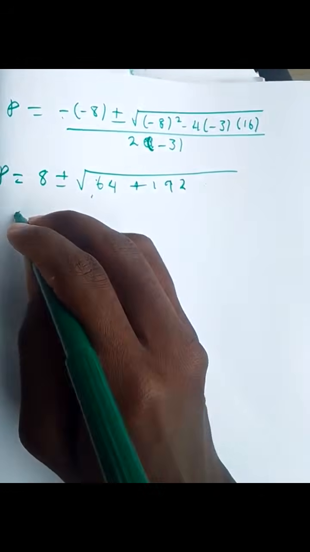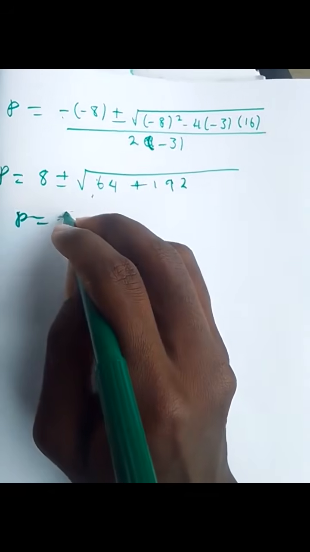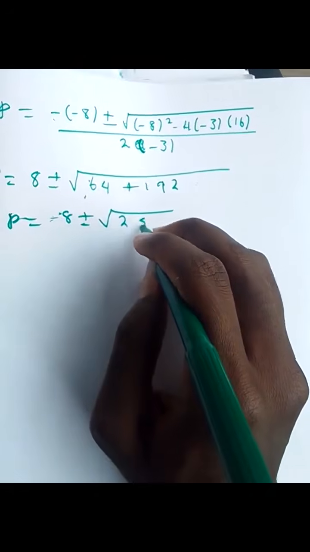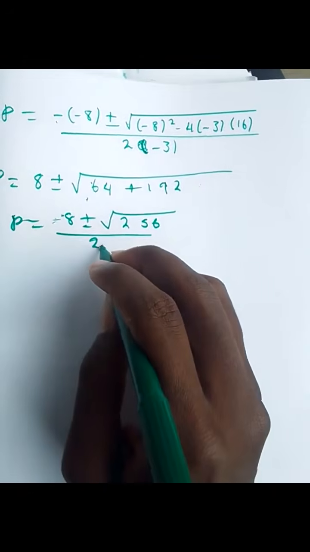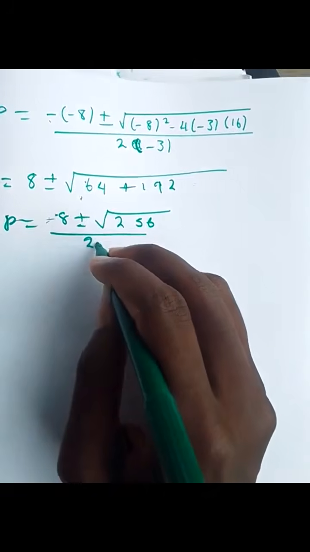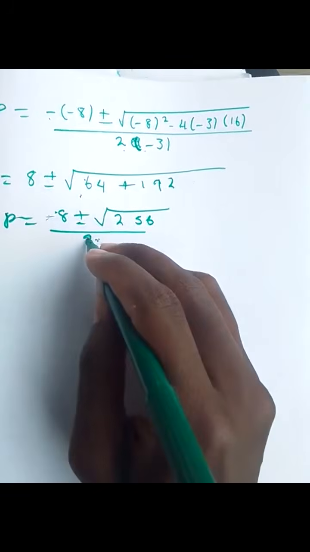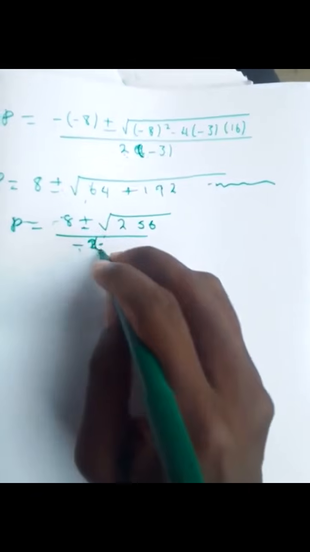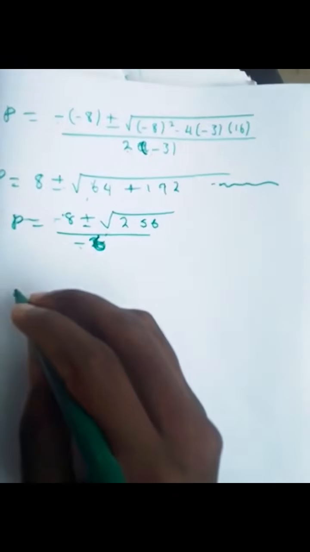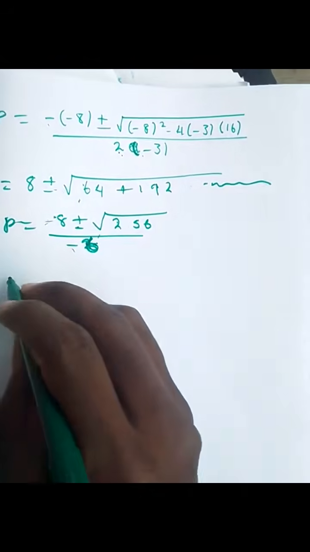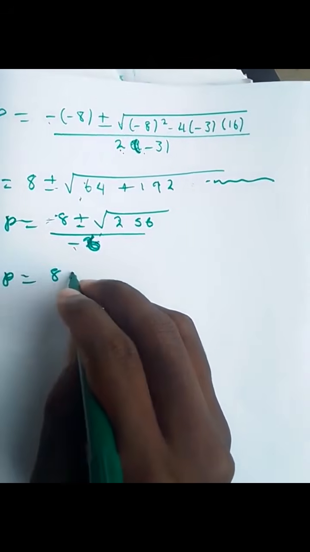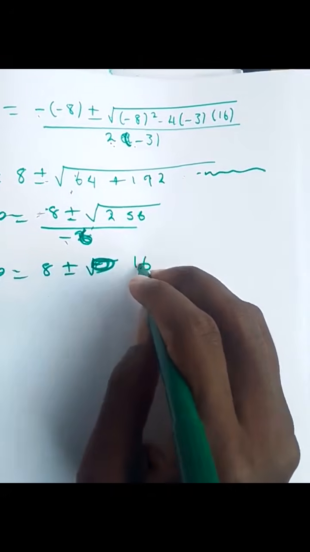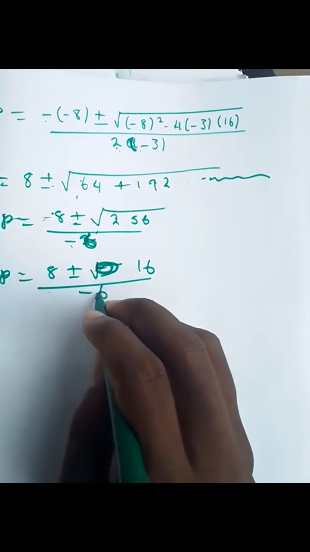So p is equal to 8 plus or minus, this is going to give us 256 over 2a. So this time this will be, I forgot to write it on this step, negative 6. What's the square root of 256? So p is equal to 8 plus or minus, okay, it is 16, over negative 6.